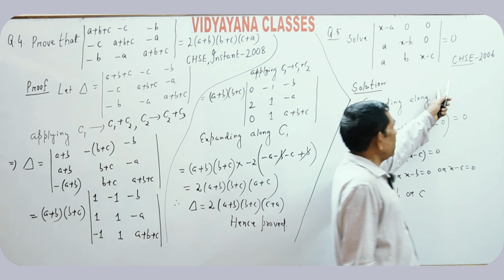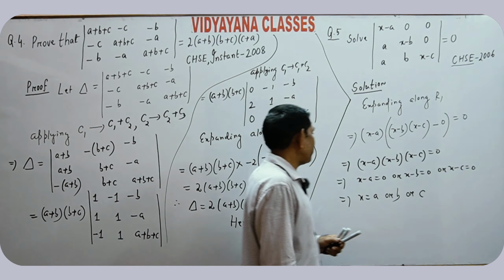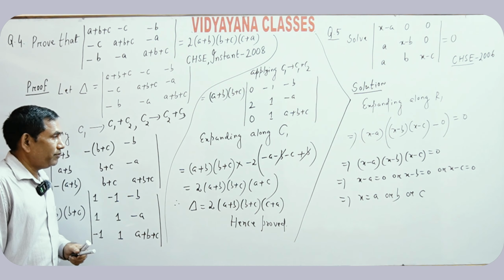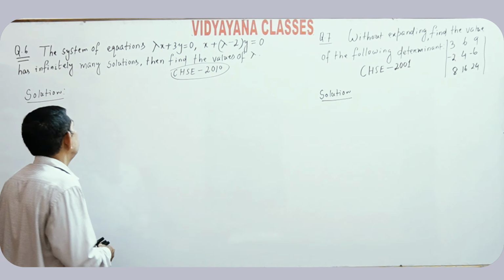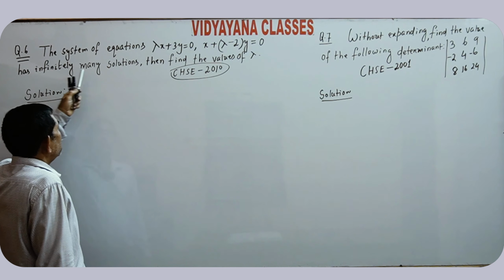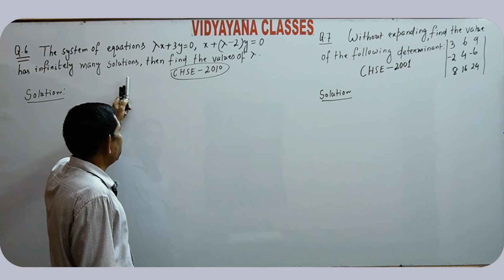One more question, council question 2006. Note down. Question number 6. The system of equations has infinitely many solutions.